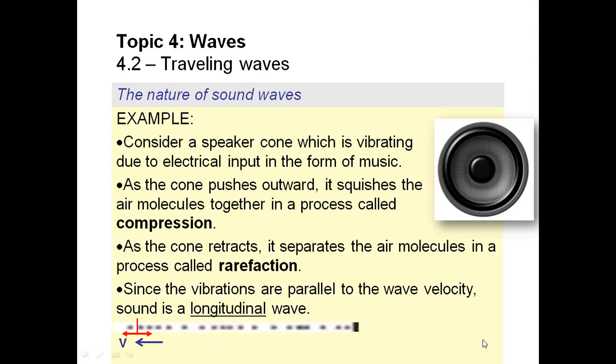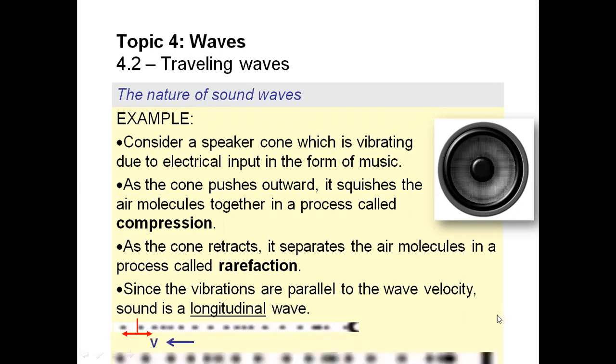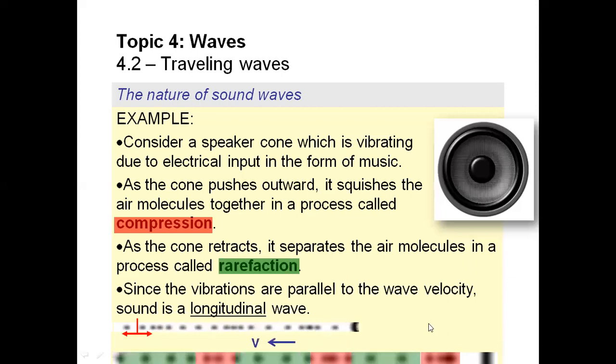Since the vibrations are parallel to the wave velocity, sound is a longitudinal wave. As we said, when air molecules are closer to each other, this area is called compression. But when air molecules are away from each other, we call that rarefaction.